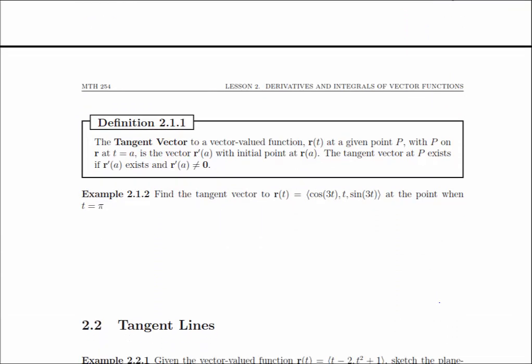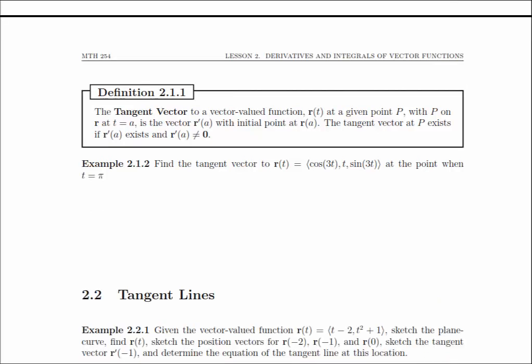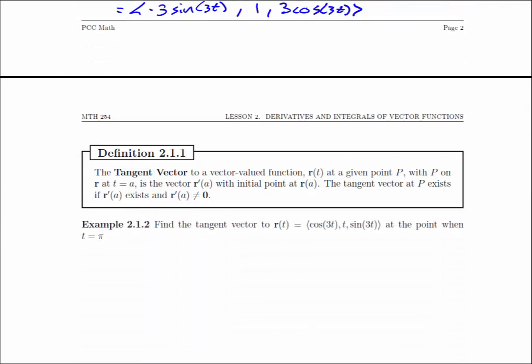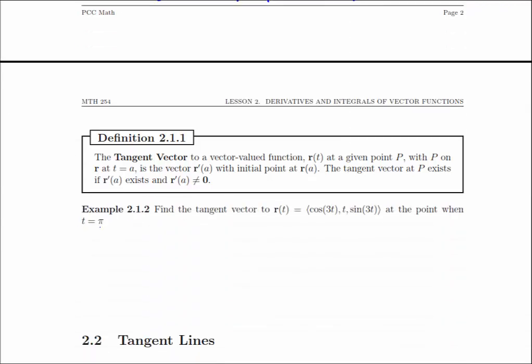And here, what we want to do for this example is, if I'm looking at r of t equals cosine of 3t, t, sine of 3t, which is the exact example that we looked at before, can we find the tangent vector at a specific t value? So let's just copy down what our derivative function looked like.